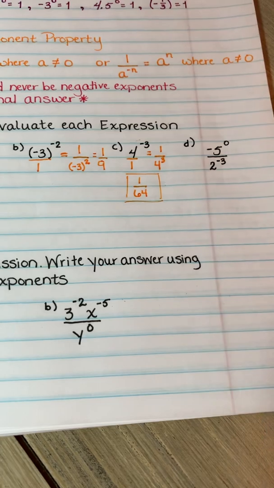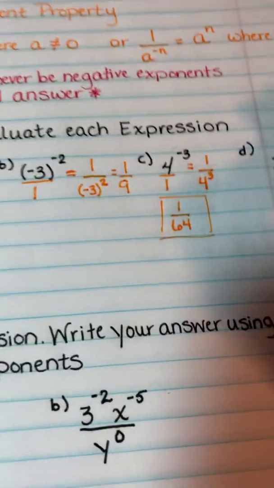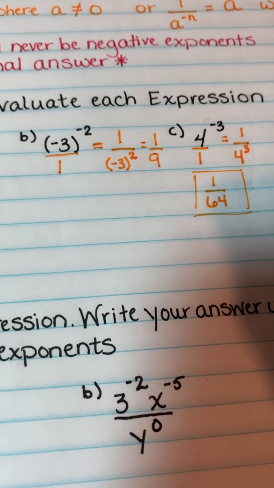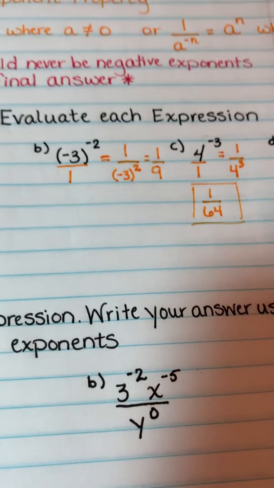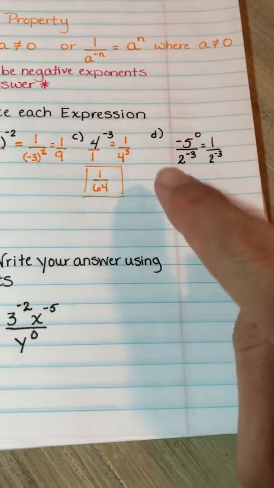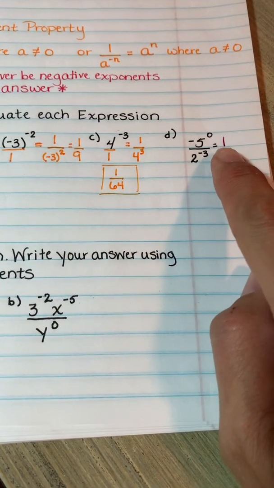Anything to the 0 is 1. So this is going to become 1/2 to the -3rd, because anything to the 0 is 1. All right, so we've taken care of that 0 exponent by applying the 0 exponent property to get 1.